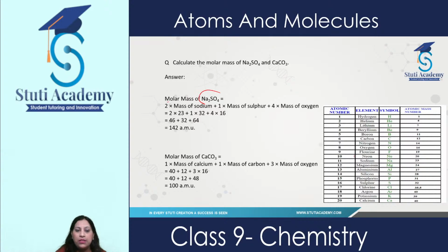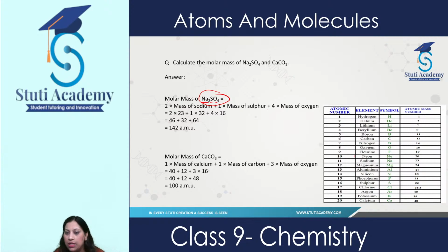So first is sodium sulfate. Now, first look at the elements which are involved in this compound. This is sodium, sulfur and oxygen. So 2 into mass of sodium plus 1 into mass of sulfur, because 1 is present here, plus 4 into mass of oxygen.